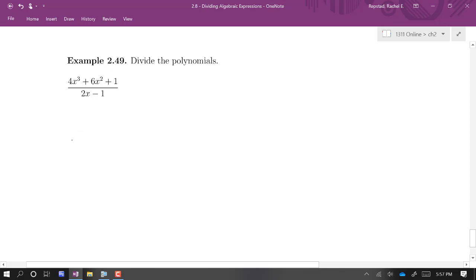But when I write it in here to organize my work, I'm going to include an x term by just writing plus 0x. It's like a placeholder. I'm not changing what the expression's equal to because there are no x's. But that's going to make it easier for me to keep track of my work, to organize my work. And I'm dividing this by 2x minus 1.